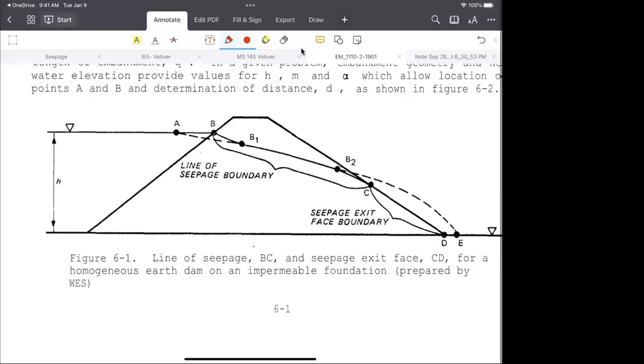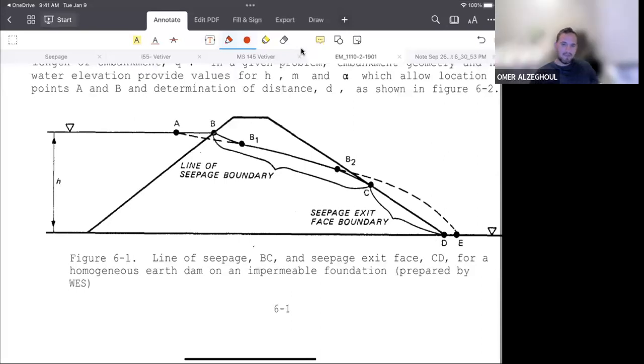Anyone? Homework? Well, I will assume that we would first define the seepage line, which is the water path in the embankment, and then we'll have the drops perpendicular to that line going down.